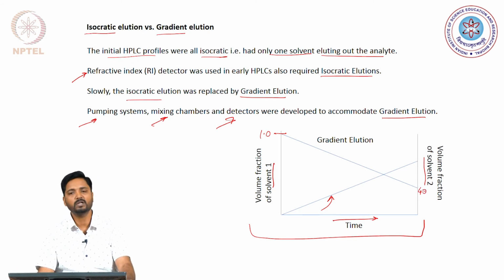contributes to about 40% of the volume fraction, while the solvent 2, which may be more polar, will now contribute about 60% of the volume fraction, and this implies that we will be able to achieve elution of compounds which would have otherwise not eluted out if an isocratic elution was used.